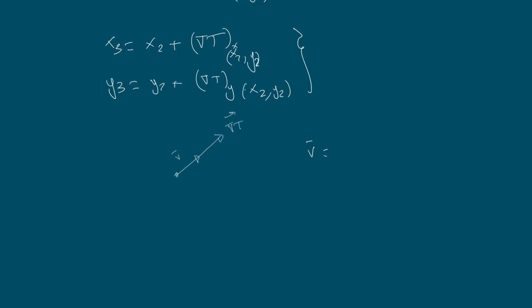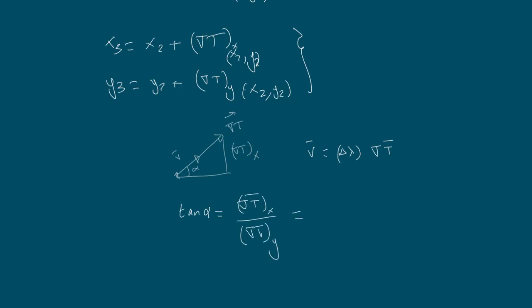So it will be delta lambda, if you want a factor, by the gradient of t. But you see here, there is an angle, alpha. And the tangent of the angle is the component x of the gradient divided by the component y of the vector gradient.